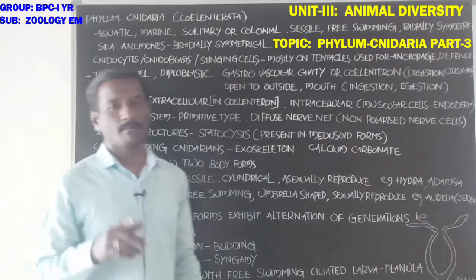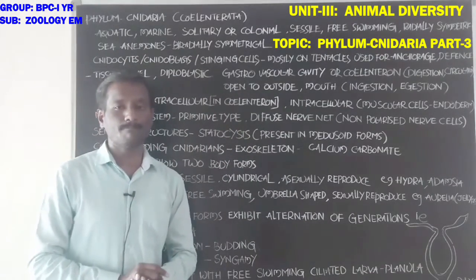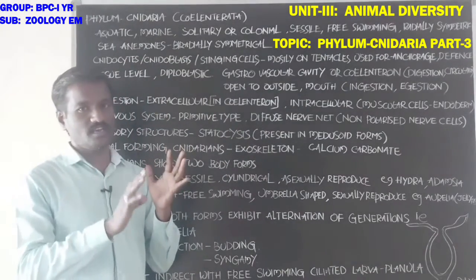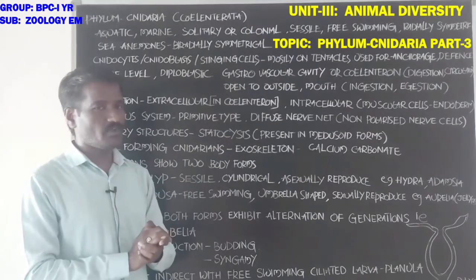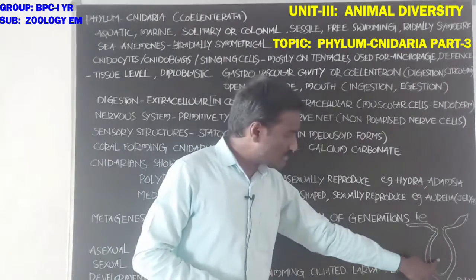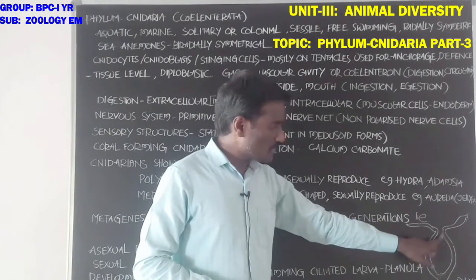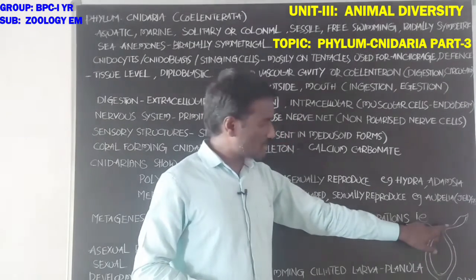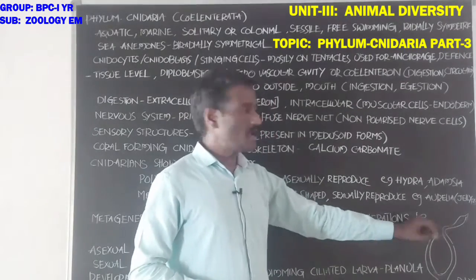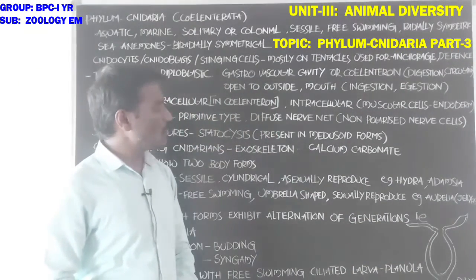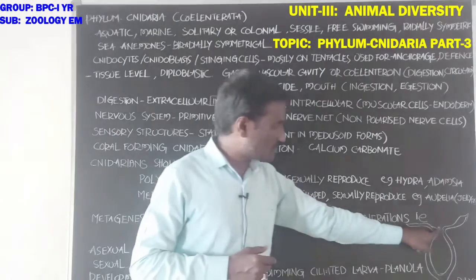The coelenteron in the body of the animal helps in digestion and circulation. It opens to the outside, anteriorly, by the mouth.